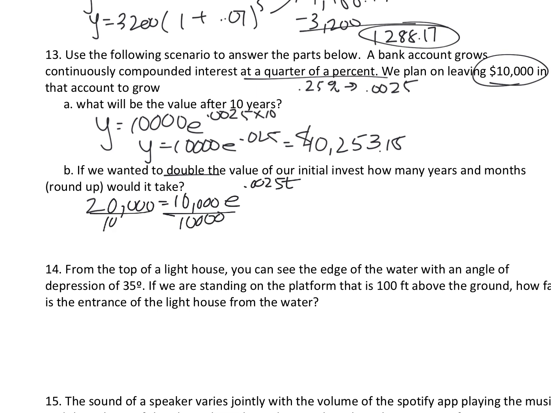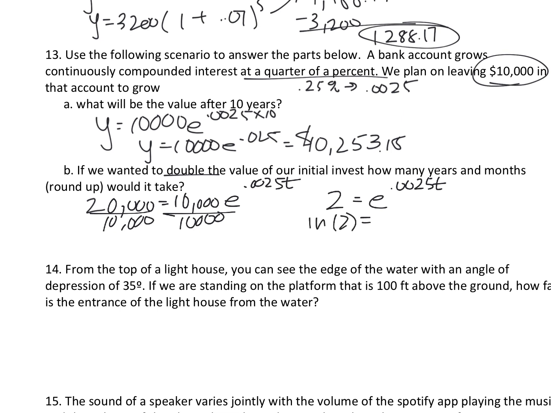When I actually do my first step of dividing both sides by 10,000, I don't need to necessarily have given you a value. Because if I just say we want to double a value, we will always just pick a value and double it. That first step will always be 2. So it's actually unneeded at any time to have a starting value technically.